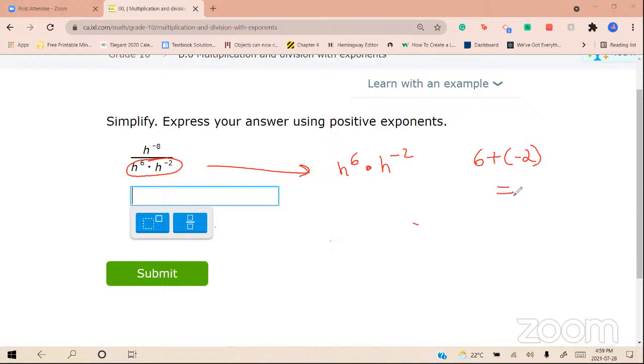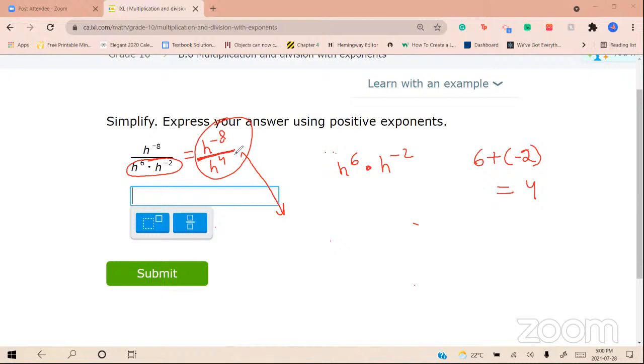And what would this equal to? 6 plus -2. That's going to be equal to 4. 4, very good. Okay, so we can rewrite this part as h to exponent 4.